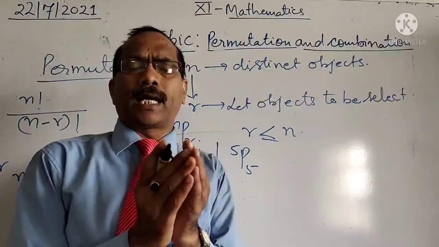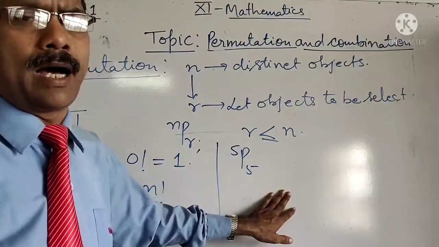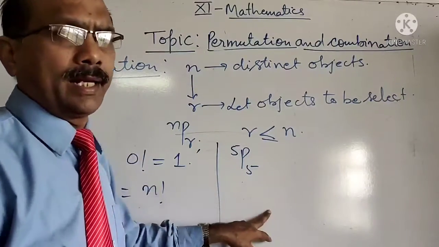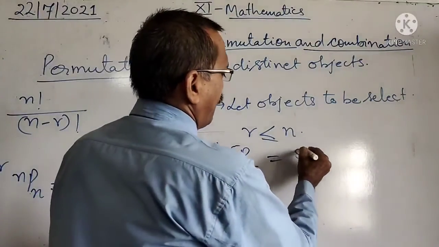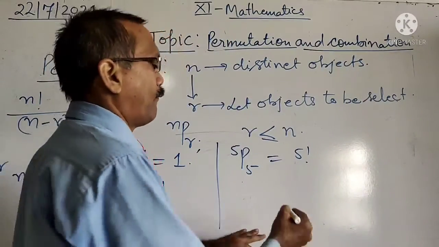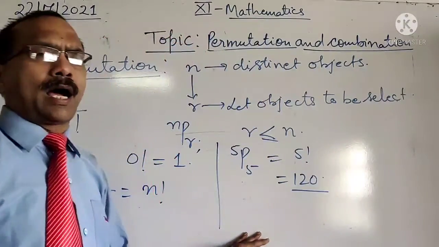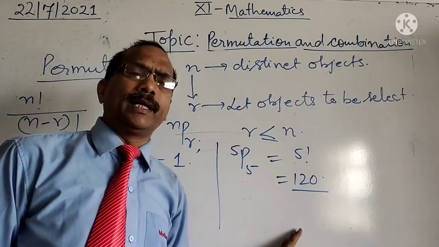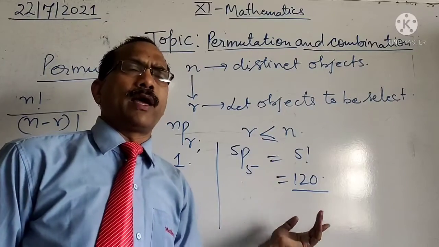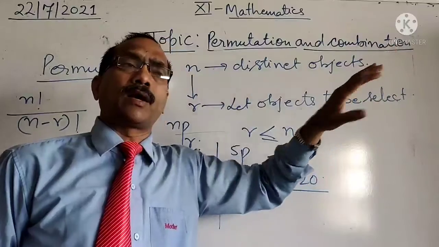So total number of arrangements is nPn. It is 5 factorial, and the value of 5 factorial is 120. So there are 120 permutations when 5 objects are given and we are selecting all the objects at a time.